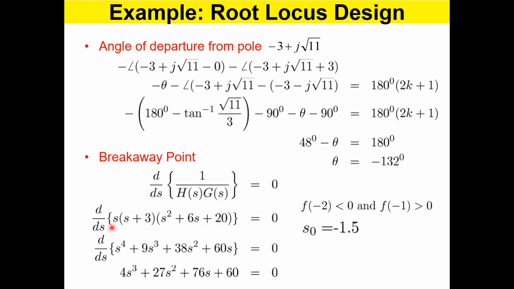When you do that, you can follow the mathematics. It becomes like this: 4s to the 3 plus 27s to the 2 plus 76s plus 60 is equal to 0. The solution of this equation, a third order polynomial, is the breakaway point.